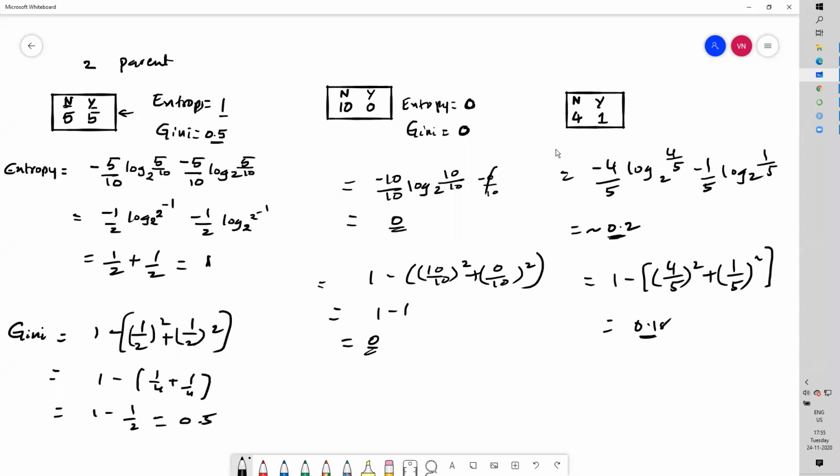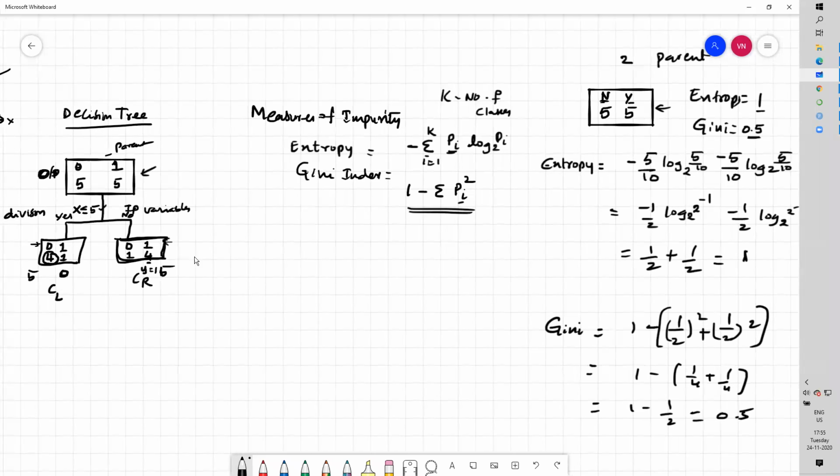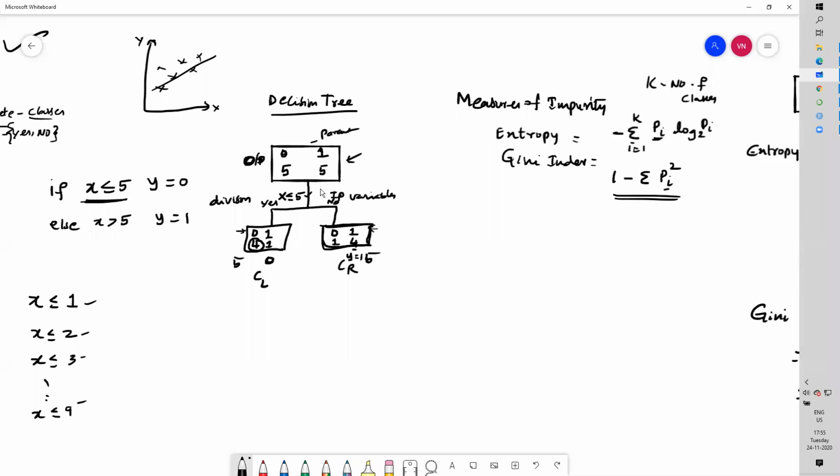For a node where you see an equal number of observations for both the classes, in this example where you have both 5 and 5, entropy is 1, Gini is 0.5. Now, whenever we are generating a rule, we need a rule that gives maximum separation between the entropy at the parent node or the root node versus entropy at the child node.